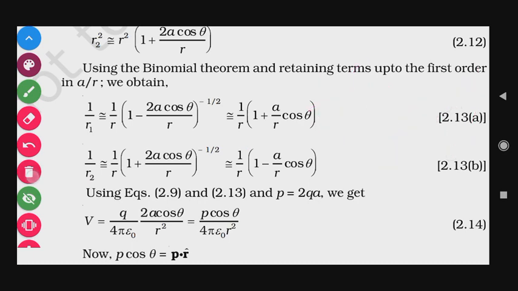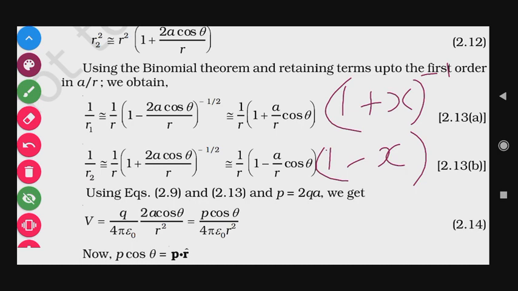If you know the binomial theorem, 1 upon x is x to the power -1, so we simply multiply by -1 by x. This is how we apply the binomial theorem.